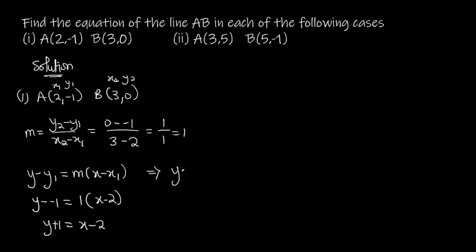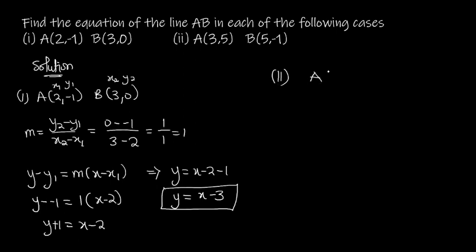So I have y is equal to x minus 2. I maintain this, then I bring the positive 1 to the other side, it becomes -1. So my equation of the straight line will now be y is equal to x minus 3. So this becomes my equation of the straight line having the points A and B with the coordinates respectively.